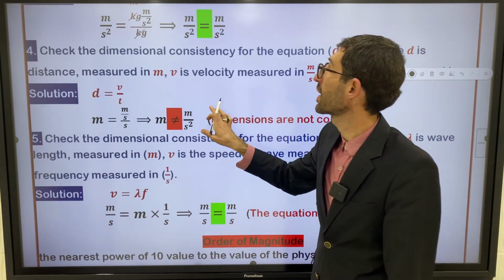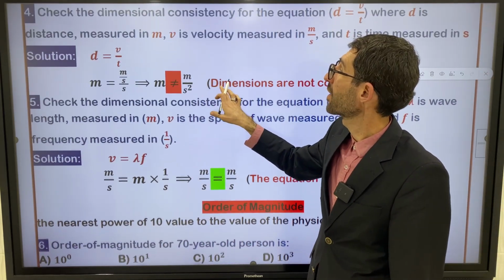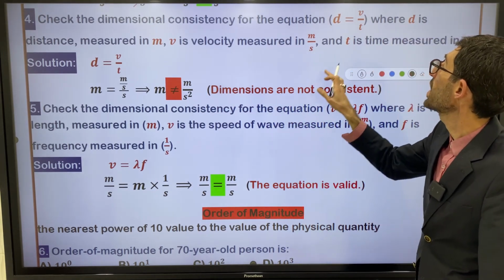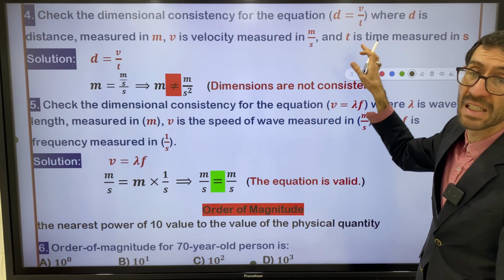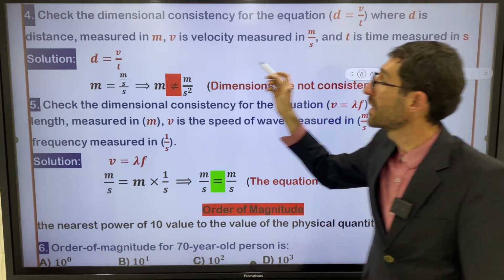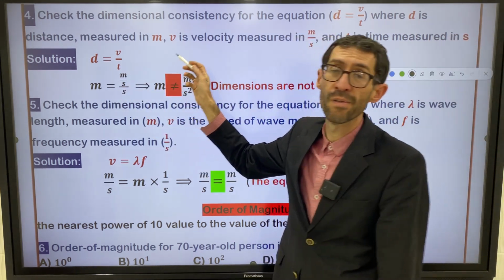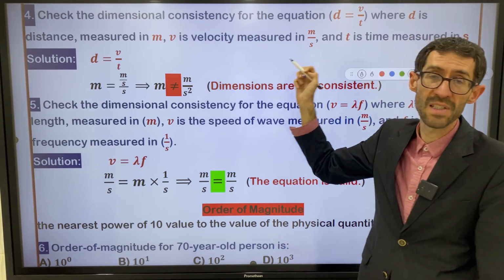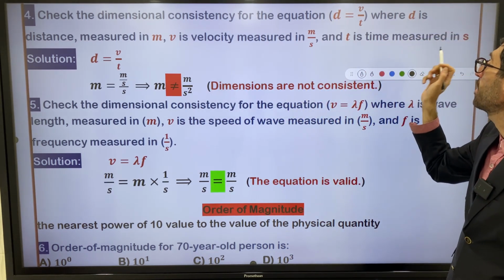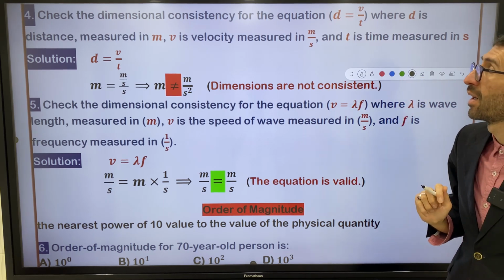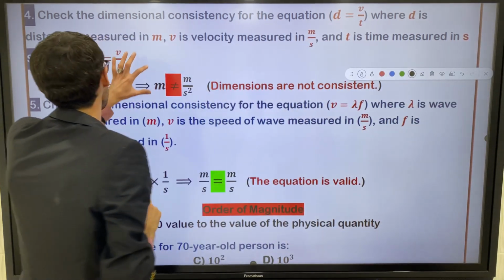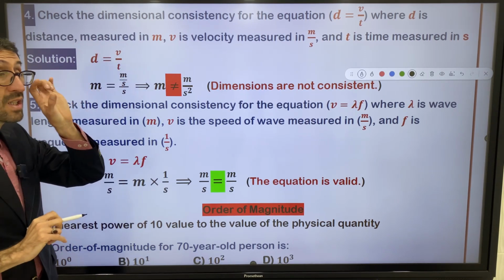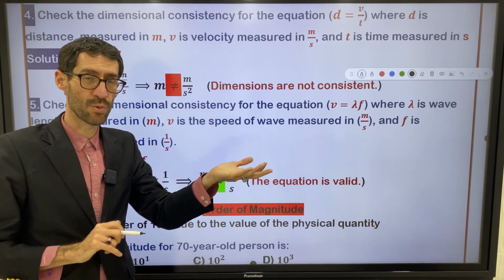Check the dimensional consistency for the equation D is equal to V over T, where D is the distance measured in meters, V is velocity measured in meter per second, and T is the time measured in second, right? This is the opposite case of the first one.